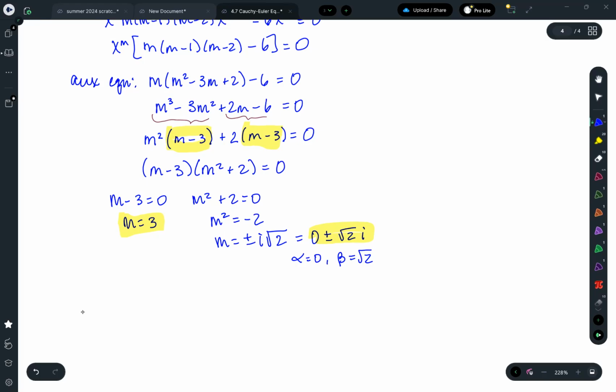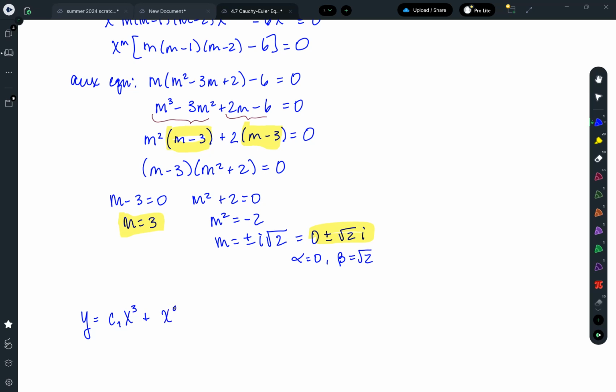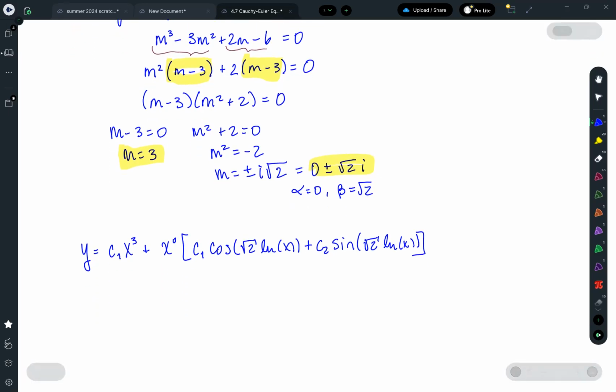All right, so the general solution, y, is equal to c1, x to the first root, which is 3, plus x raised to the alpha, which is x to the 0, times c1 cosine of beta, which is the square root of 2, times the natural log of x, plus c2 sine of square root of 2 for beta, times the natural log of x. x to the 0 is just 1, so I typically would not write this.